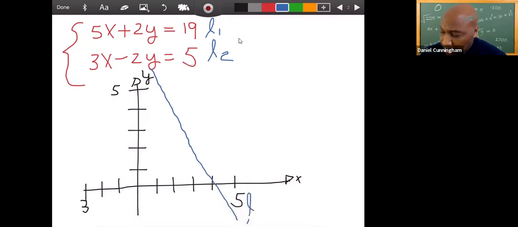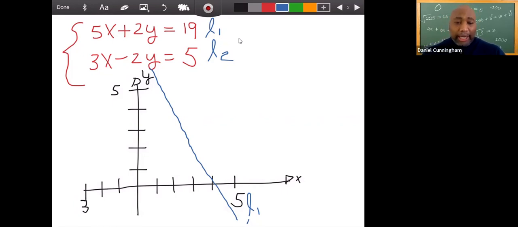Here's L1. You can graph it many different ways. You can solve for y and set it as y equals mx plus b and graph it that way, or you can pick 2 points for x and y and graph those 2 points. Same thing for L2. We'll graph that and give you at least an idea how it looks.